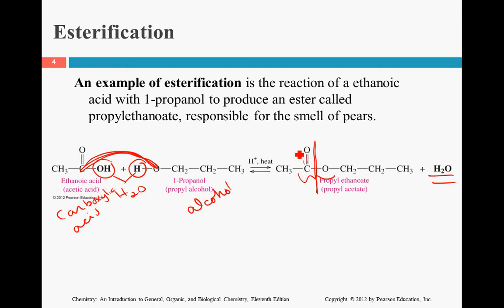The double bond means that you name it second, which means you name this side first. 1, 2, 3, that's propane. Because we're considering a substituent, it's going to be propyl. Now we name this side. 2 carbons means it's eth. Ordinarily it would be ethane, but we're going to change that E to an oate. So propyl ethanoate.